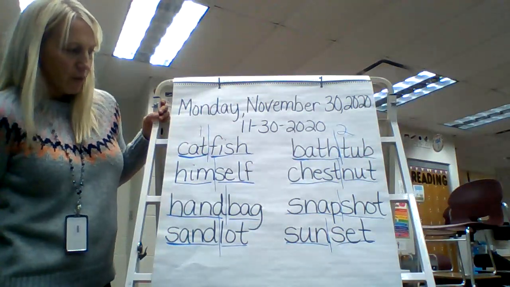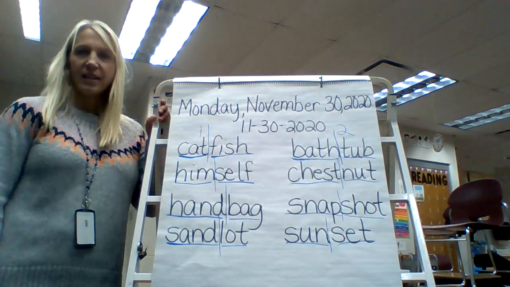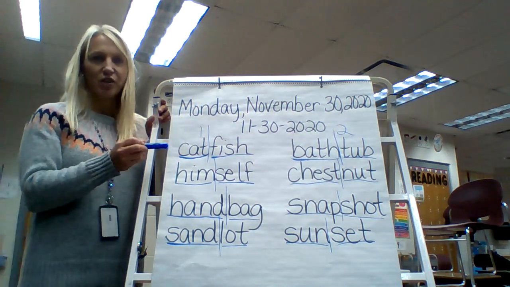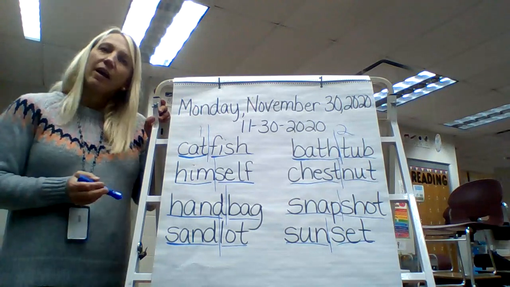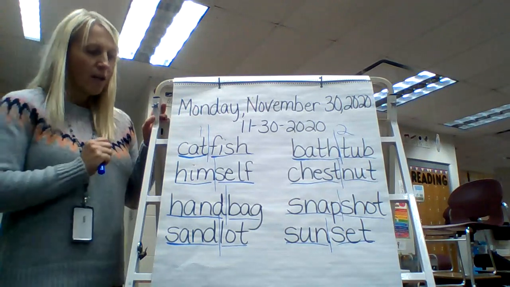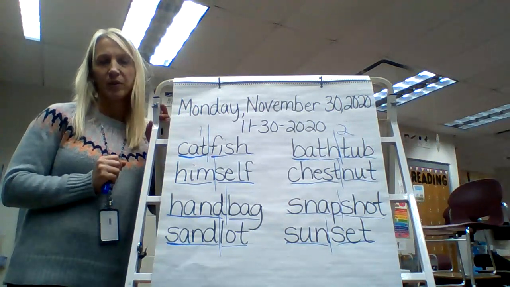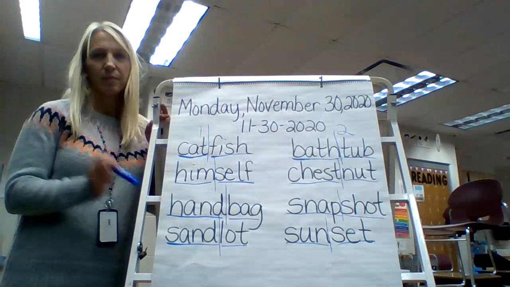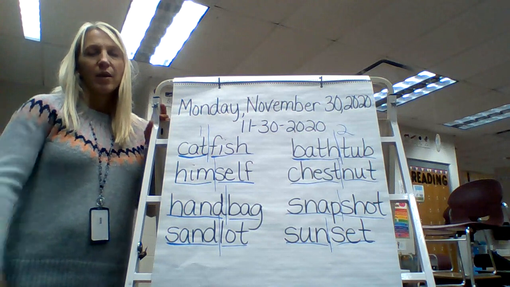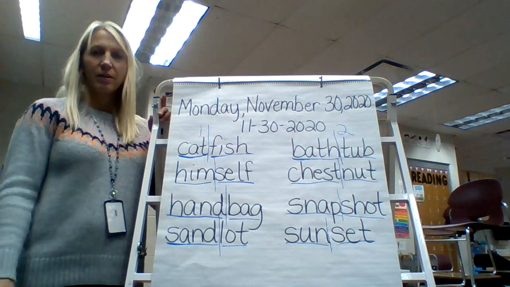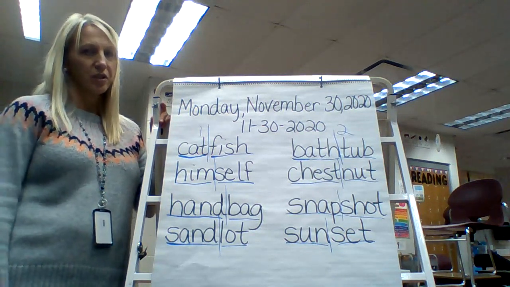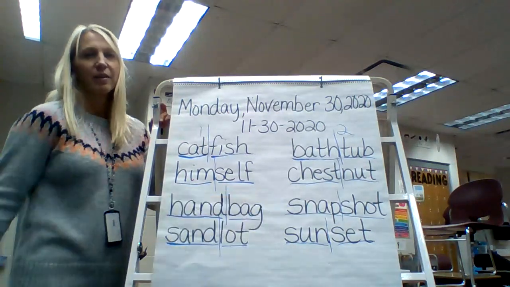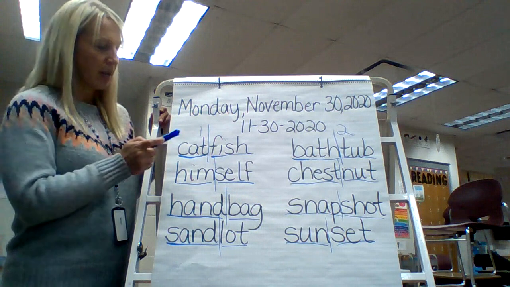I'm looking for a word in column 1 that is an animal. Catfish. I'm looking for a word in column 1 that is a synonym for purse. Handbag. I'm looking for a word in column 2 that is another word for a picture. Snapshot.